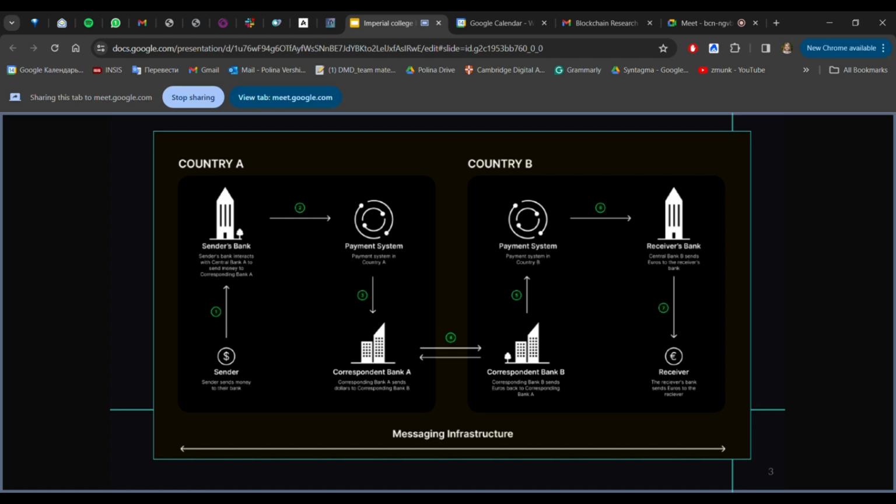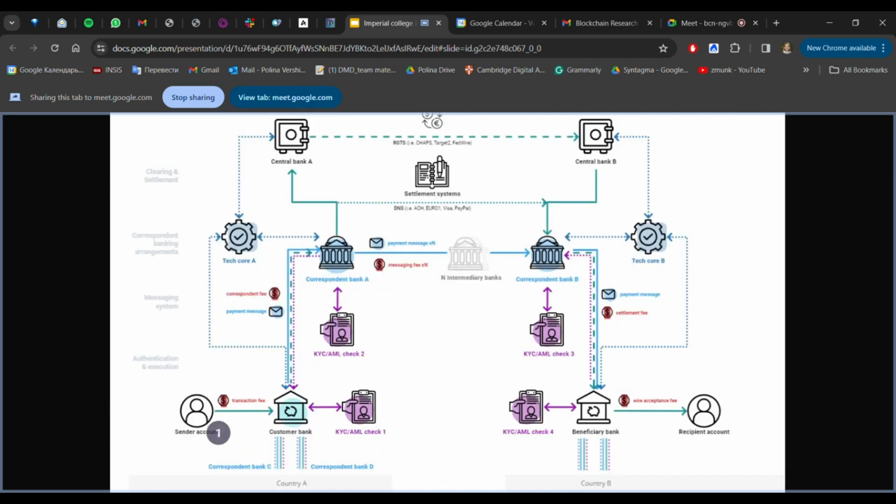I don't like this diagram as much as this one, even though this one may seem more complicated. So basically, you can see that the process is not linear and there are a lot of intermediaries involved.